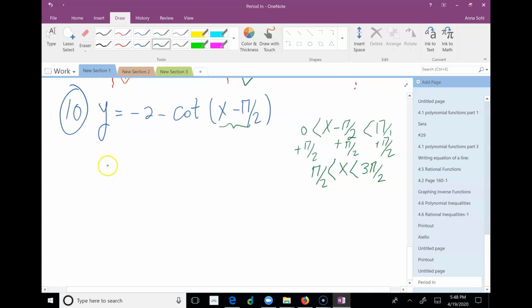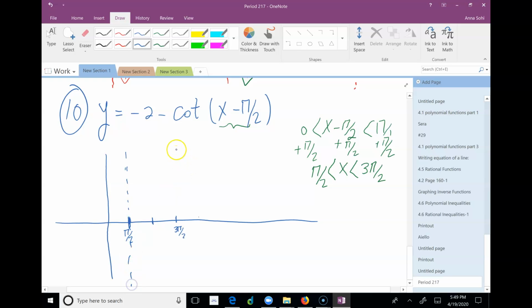Once you go and graph it, for 1 period again, you go from pi over 2 to 2 pi over 2 and then 3 pi over 2. Those would be the asymptotes, because 0 to pi was the asymptote range.